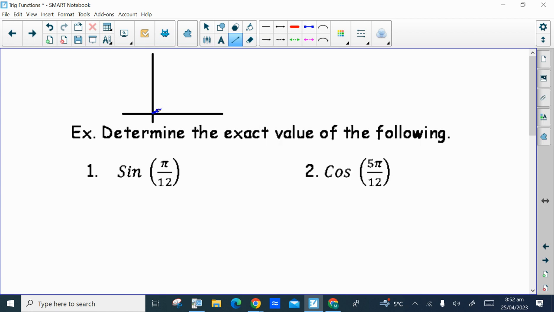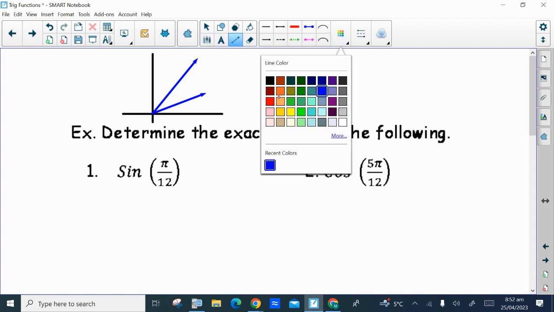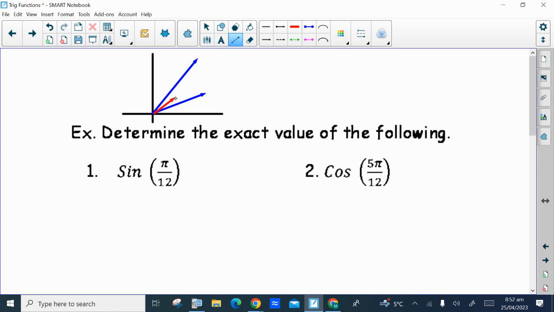So again, let's construct the first quadrant of the unit circle. So this first angle is pi over 6 radians, or 30 degrees. The one at the top is pi over 3 radians, or 60 degrees.